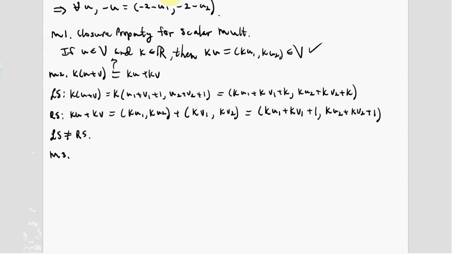So M3, the distributive property for the scalars. Here we have k plus L, two scalars, times a vector. Is that the same thing as k times u plus L times u? Well, let's look at that in pieces. The left side, (k plus L) times u.